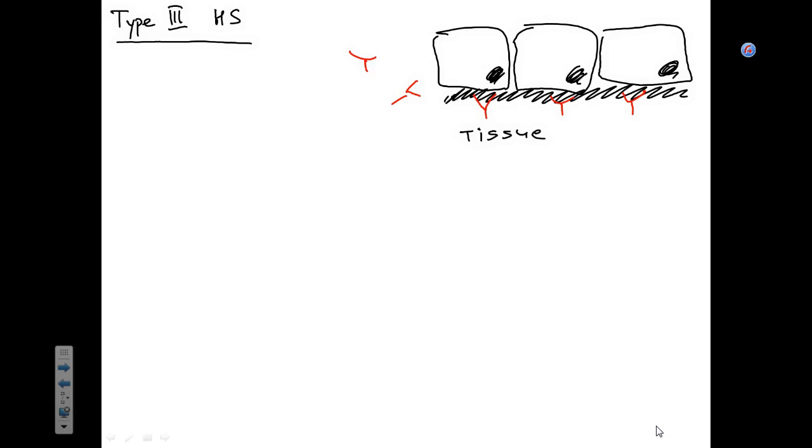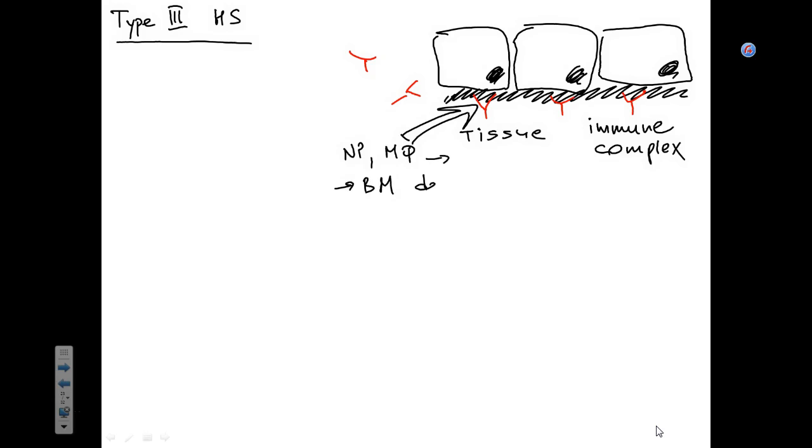So essentially these immune complexes target macrophages and neutrophils to destroy the basement membrane. Does that make sense? So neutrophils and macrophages, basement membrane destruction.